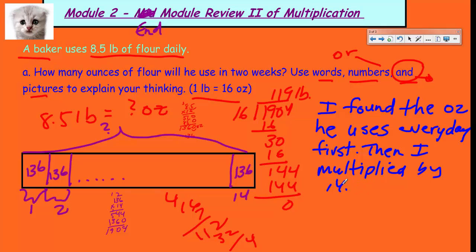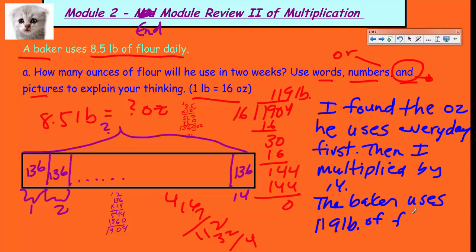And finally, we can say that the baker uses, and I'm going to say 119 pounds. It does not have to be in pounds, of flour in 2 weeks.